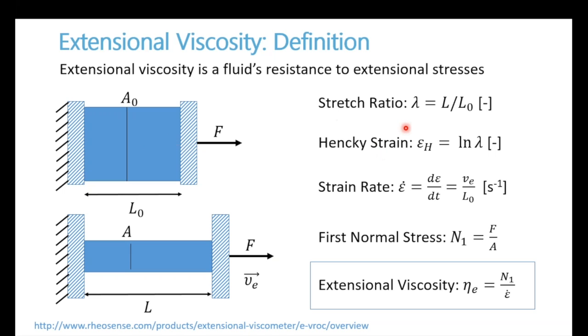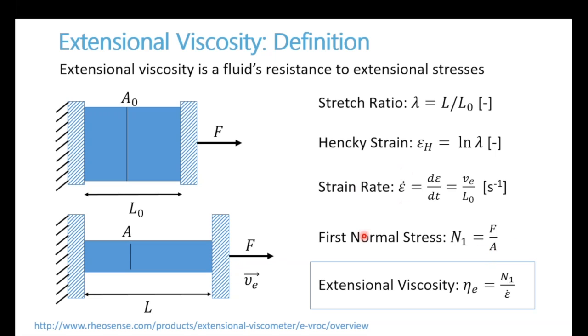And that's going to define your Hencky strain, which is a measurement of the total extension of your fluid or sample. Depending on how fast you're stretching the sample, that's going to define your strain rate, which is no more than the velocity that you're stretching at divided by the original length.